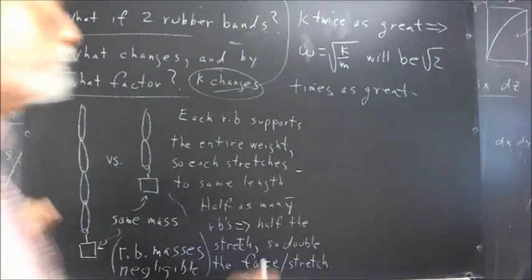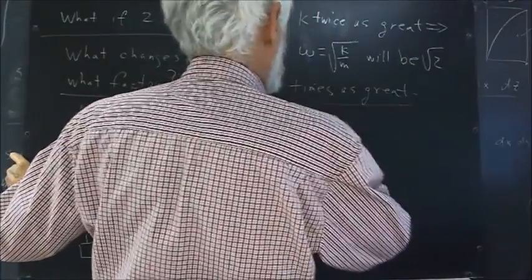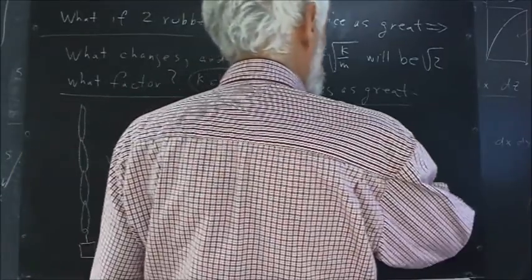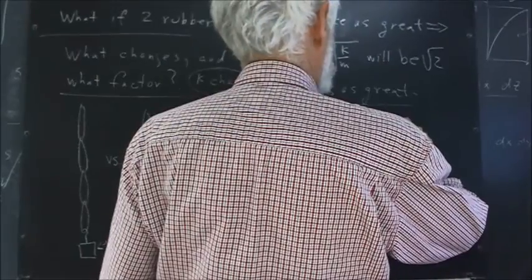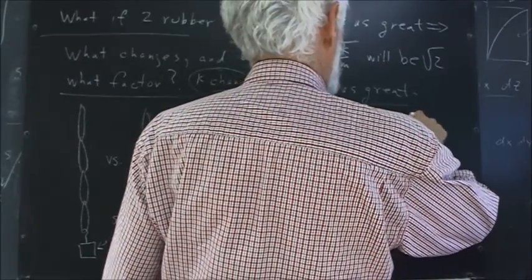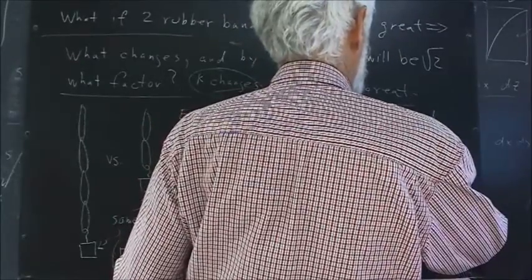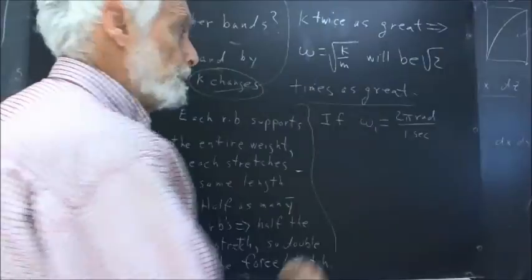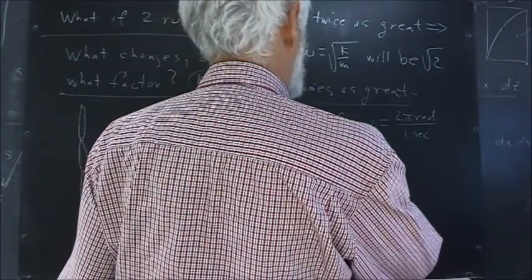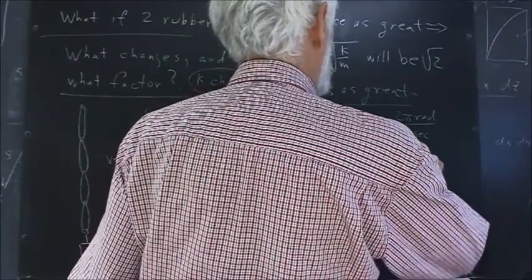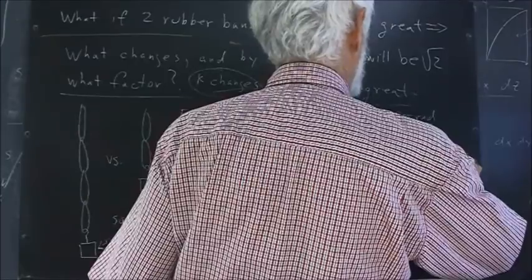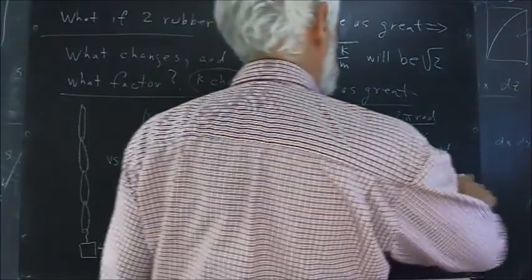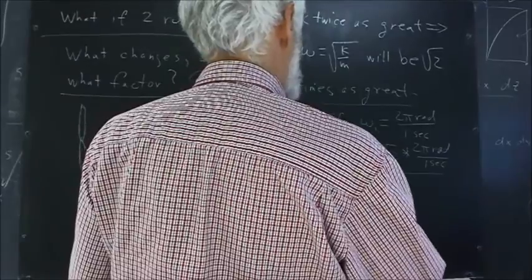So if the original omega, we'll call that omega 1, is 2 pi radians over 1 second, which would correspond to the 10 counts in 10 seconds, then omega 2 should be square root of 2 times 2 pi radians over 1 second. You can think about why this is so.